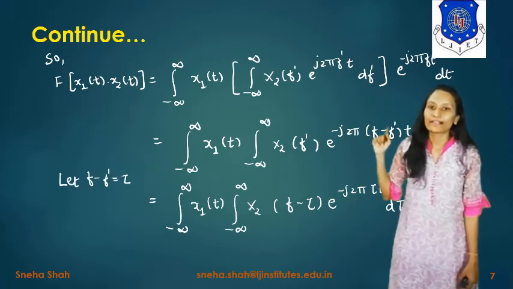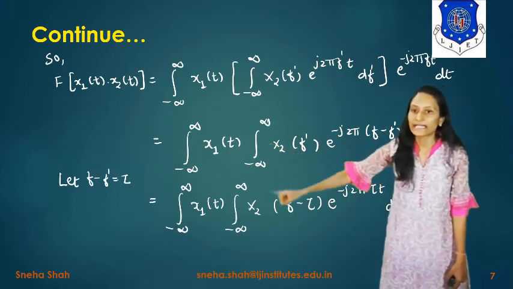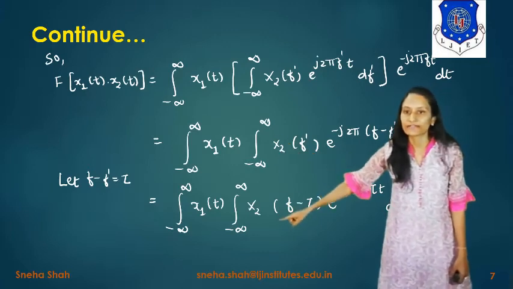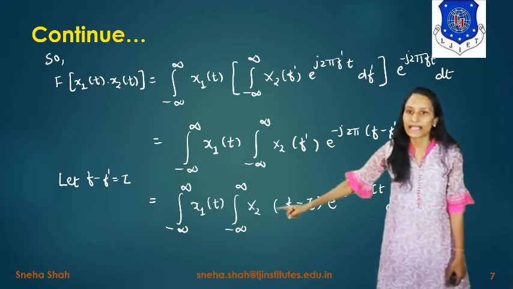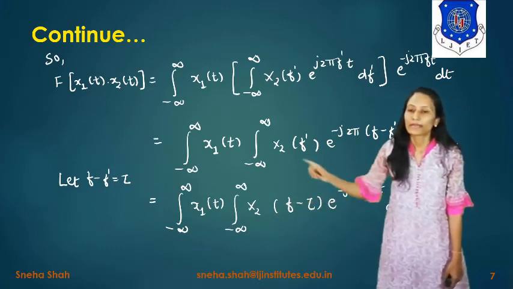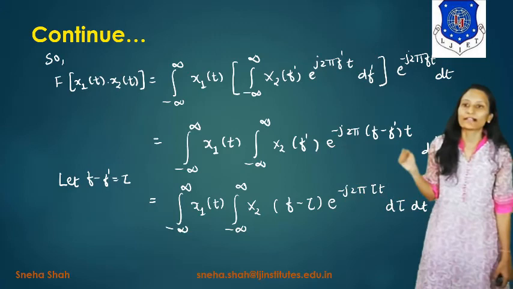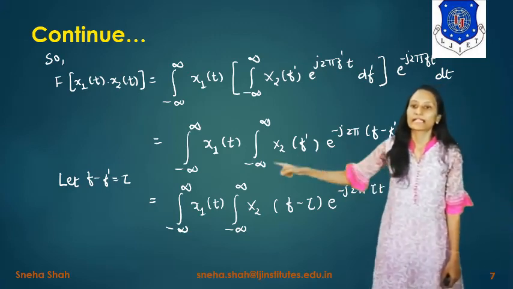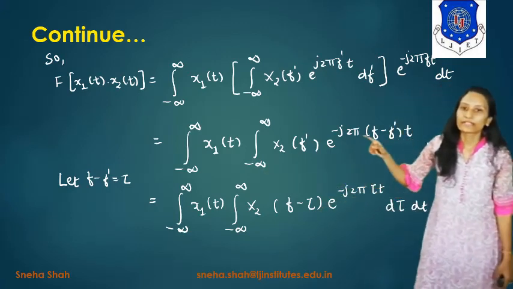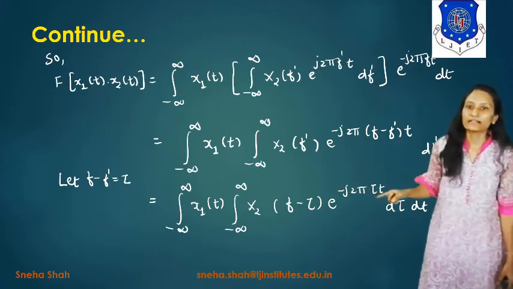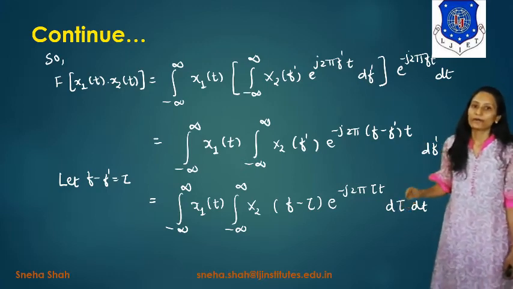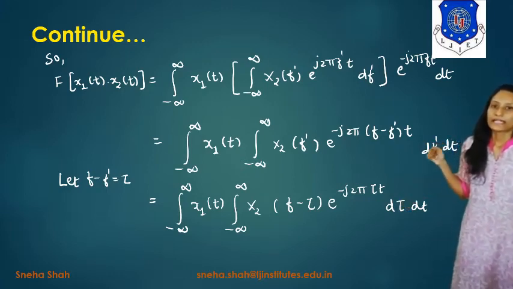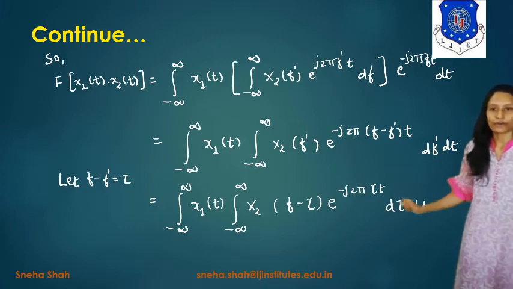Finding the value of this term, it is integration of x1(t), integration of X2(f minus tau), because from this equation, if I find the value of f', it is f minus tau, right? Now this term is e^(-j2πτt), and df' will convert into dτ, and this dt will remain as it is.